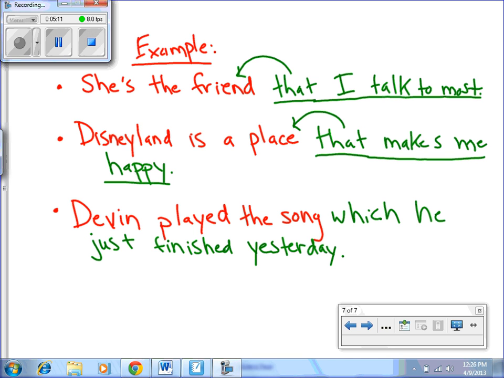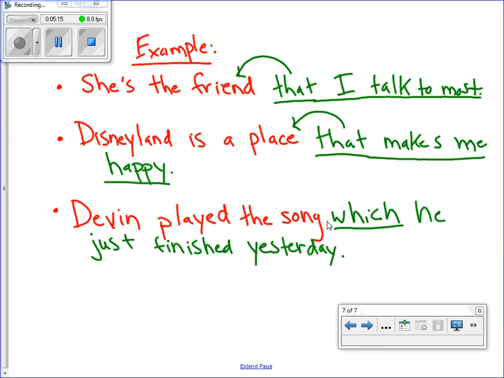Devin played the song which he just finished yesterday. Which is our relative pronoun. Which he just finished yesterday is our adjective clause. This adjective clause is describing which song. You know, the song which he finished yesterday.